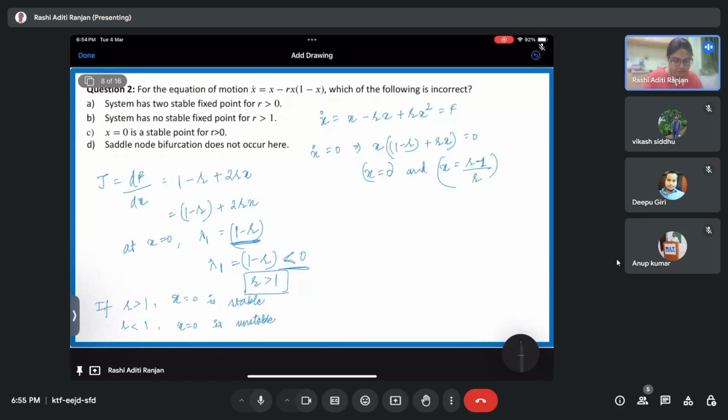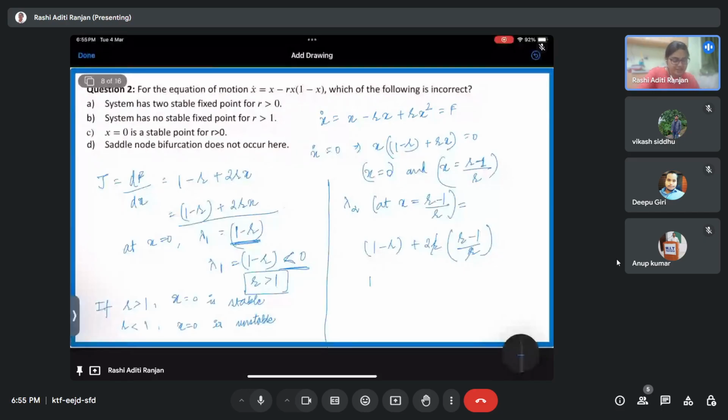If I put it in this Jacobian equation, it is going to be 1 minus r plus 2r times (r minus 1) by r. The r will get cancelled. I'll have 1 minus r plus 2r minus 2, which is nothing but r minus 1.